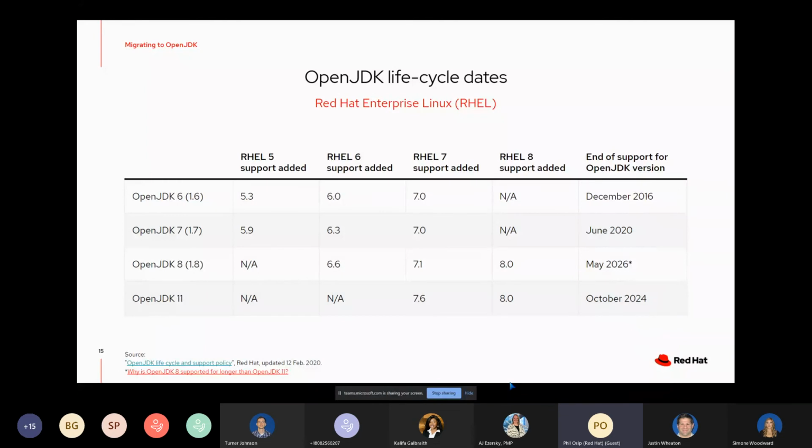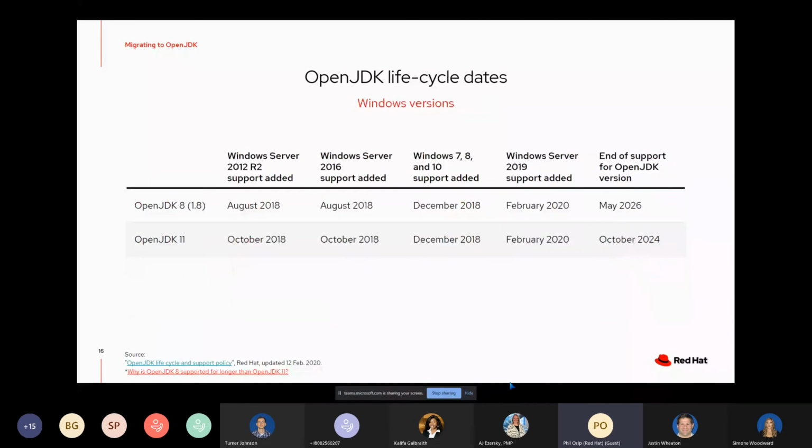But we don't stop at looking at OpenJDK support in RHEL itself, in Linux. In the Windows ecosystem, we also support OpenJDK 8 and OpenJDK 11 on the prior release, Windows Server 2012, the current releases, Windows Server 2016 and 2019, and also client side, with Windows 7, Windows 8, and Windows 10 support added, with those same timelines for end of support for the versioning.